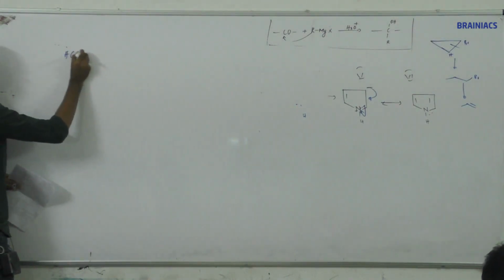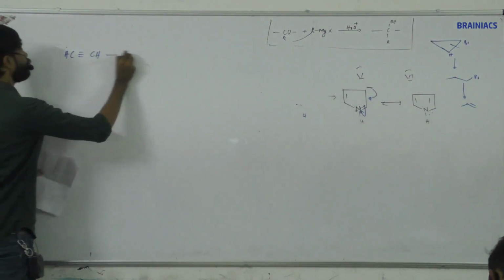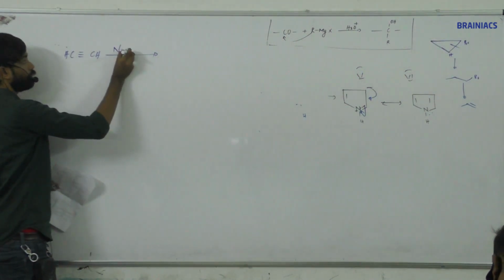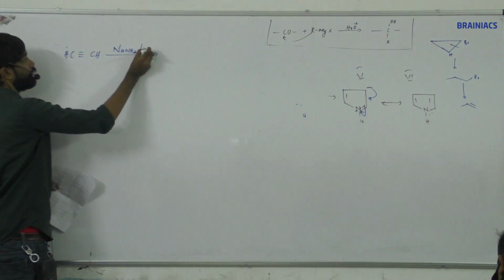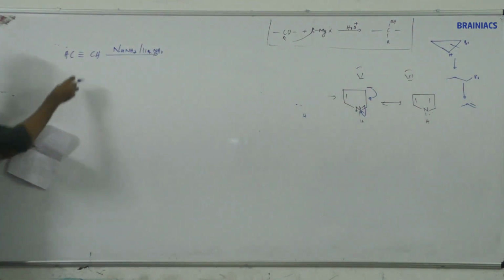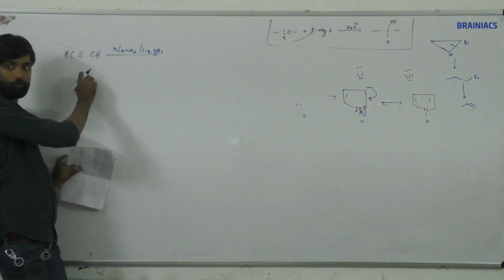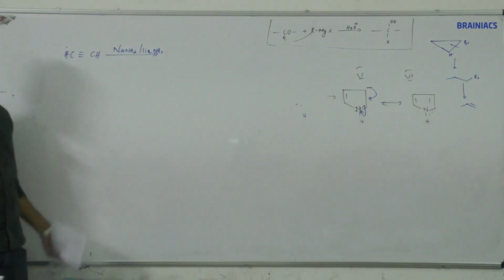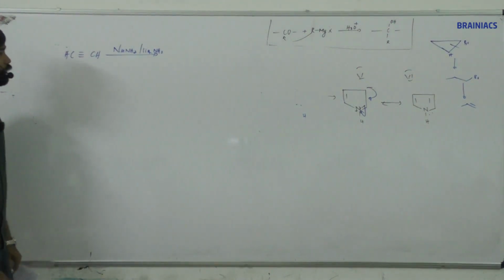What will be the reaction? CH triple bond CH on treatment with sodamide in liquid ammonia. In inert solvent only, it can change the position of the triple bond to form a terminal alkyne from a non-terminal. This is already terminal, no problem.